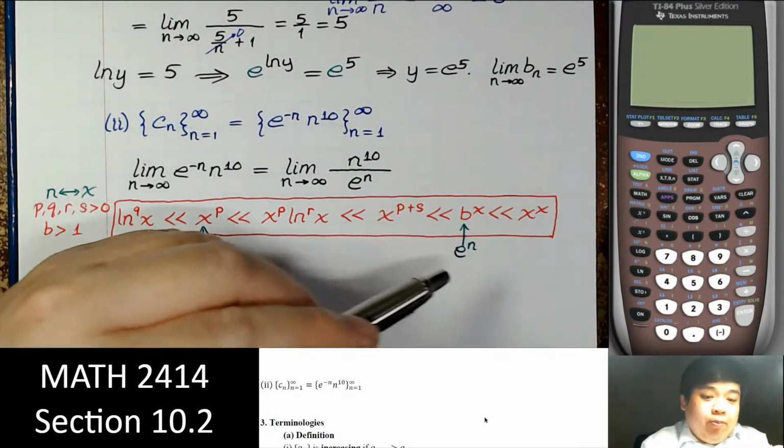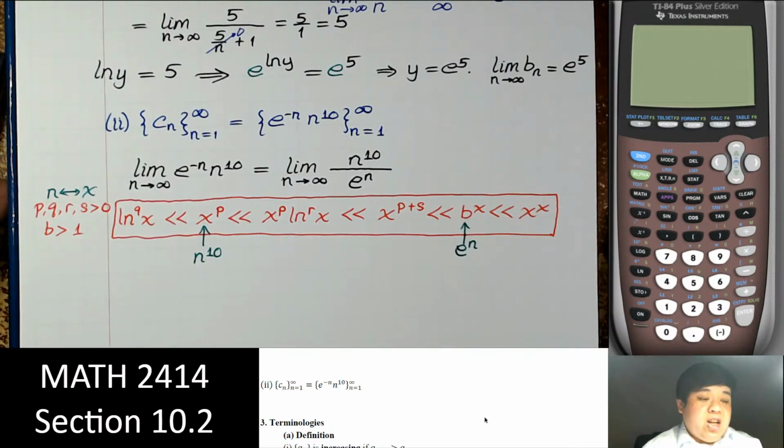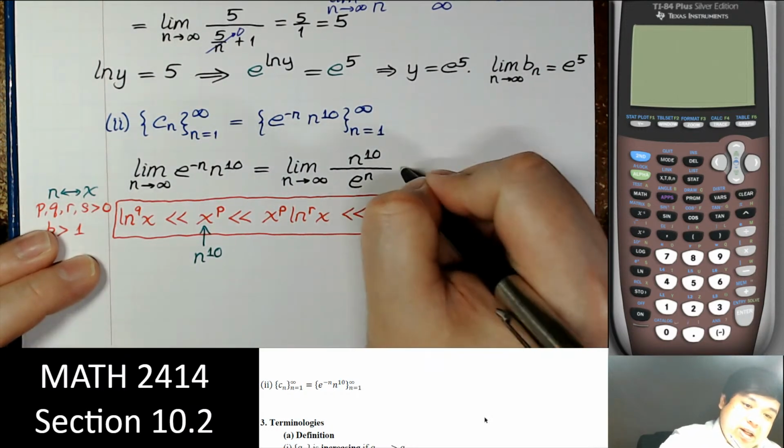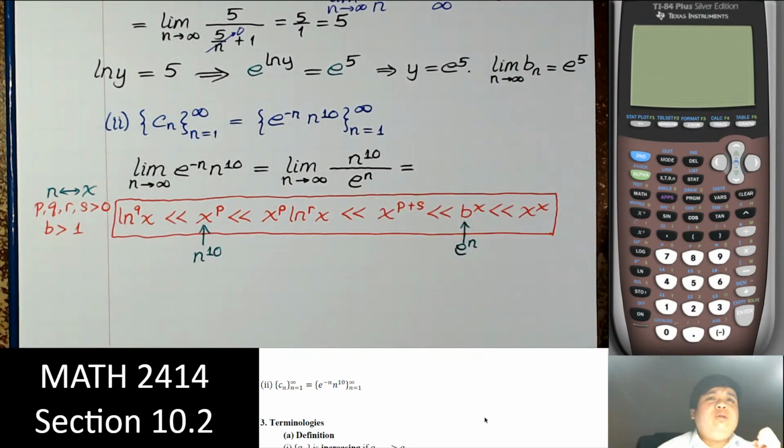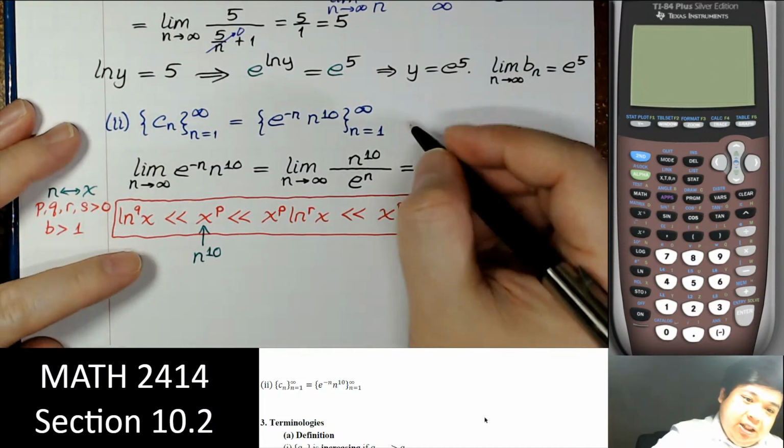So we say that the bottom is significantly bigger than the top. So in that case, what is this limit equal to? Now think about this. If the bottom goes too fast to infinity compared to the top, it has to be equal to 0, right?